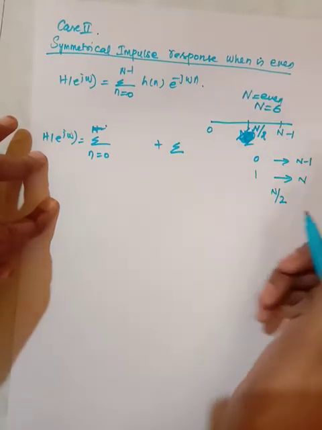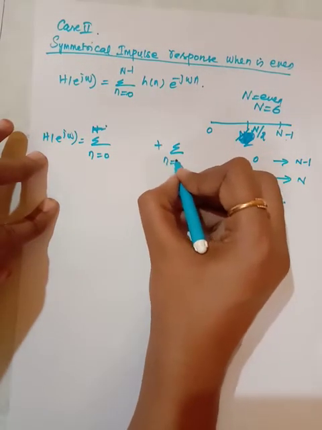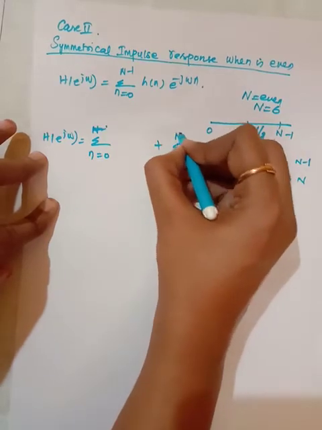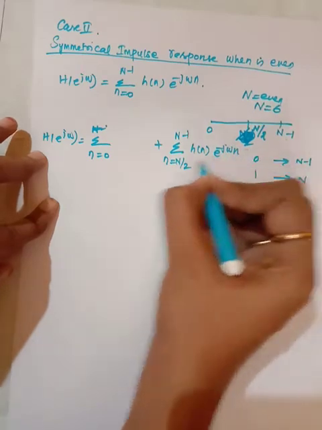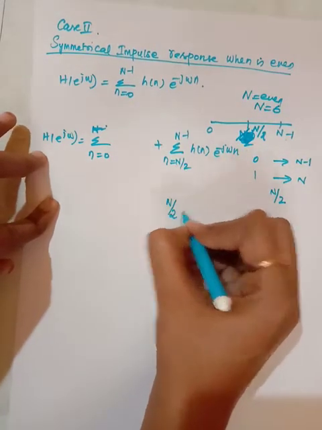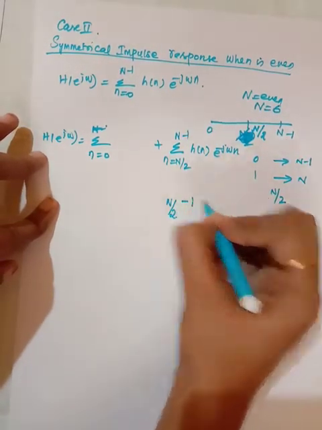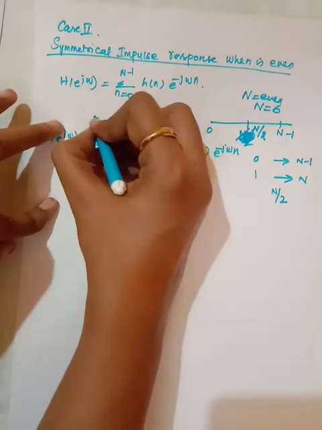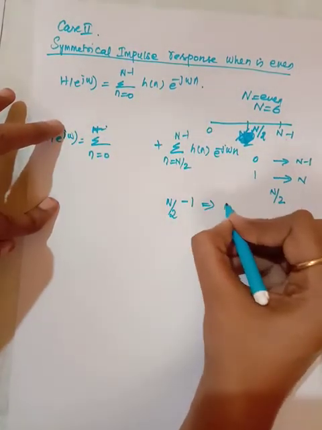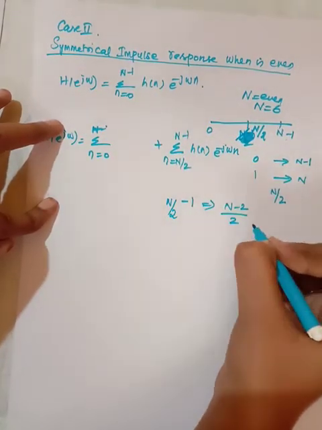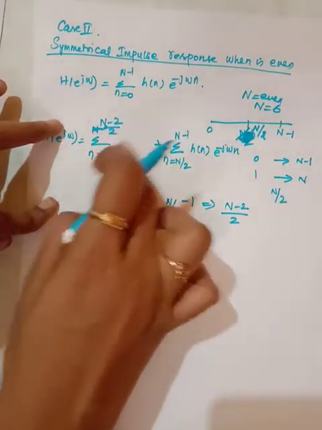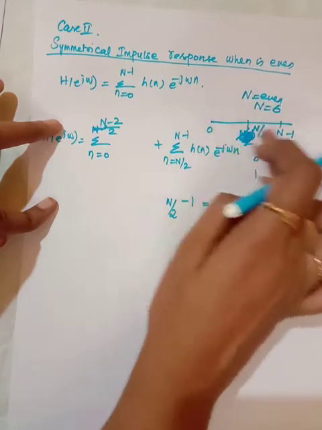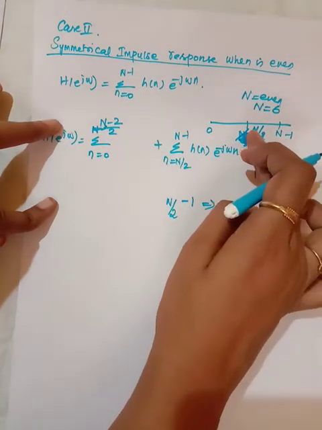So I am taking from n by 2 to n minus 1, h of n e power minus j omega n. The previous sample of n by 2 will be n by 2 minus 1, which I can write as n minus 2 by 2. So here I am writing n minus 2 by 2. Do you understand this? For 0 to n minus 1, the center sample is n by 2.